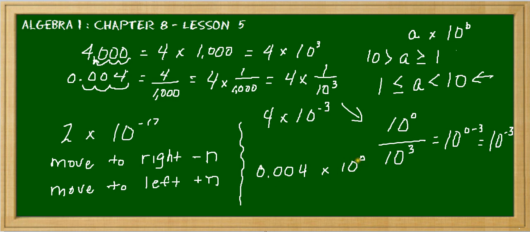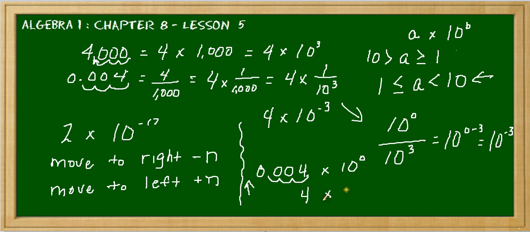It's 10 to the 0 power, which is 1. Now we're going to increase the value of this number, 1, 2, 3, by moving it 3 decimal places, and we're going to create another number, which is 4. Now we've increased, in a sense, the value on this side because we've gone from 0.004 to 4.